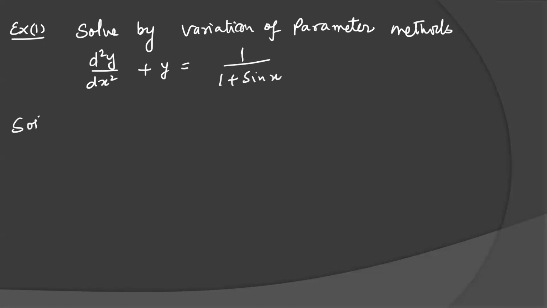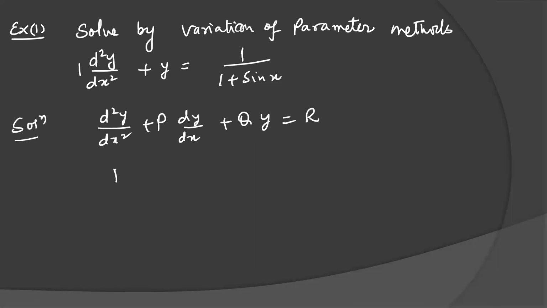Let's see the solution. First, we will compare with d2y by dx2 plus p dy by dx plus qy equal to r. We can compare because the coefficient is 1 here. So your p is 0, your q is 1, and your r is 1 over 1 plus sin x.